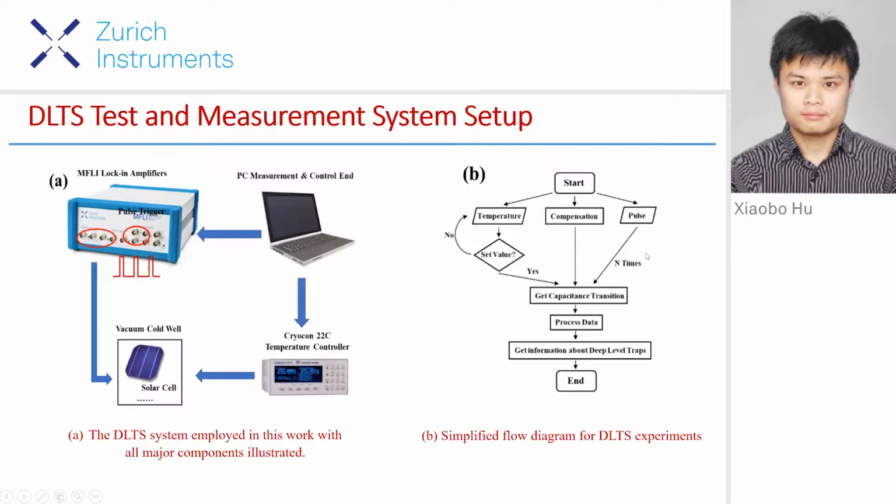Figure B presents the simplified flowchart of this system. The very first and important step is to compensate cables, which is for accurate impedance measurements. After that, the temperature of the cold well is set through the temperature controller.